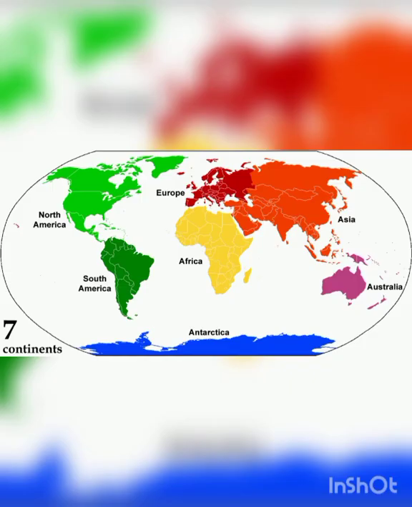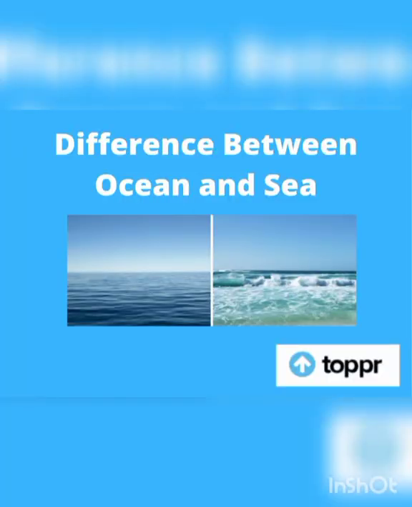So now you understand the first geographical form: the continents. How many continents? There are 7 continents. Second, the geographical forms that are oceans and seas. How many oceans?